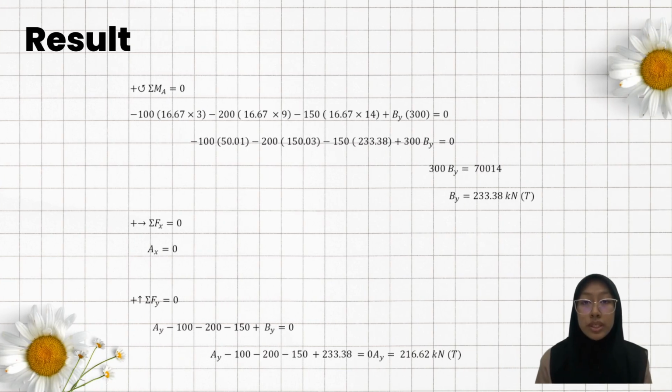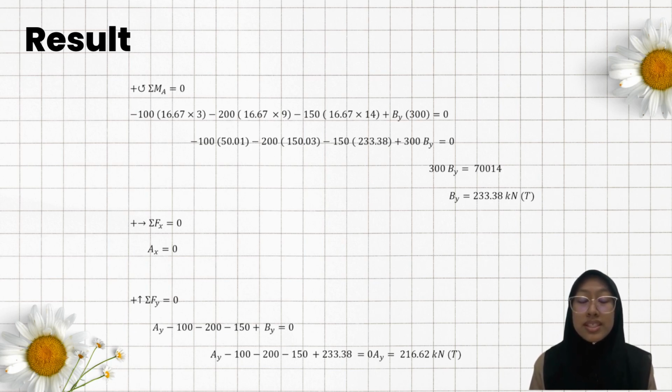Next, do the equations of equilibrium. In these equations, I use total moment, Fx and Fy equal to 0. I calculate the moment at point A and assume counterclockwise moment is positive. So I got the force at By equal to 233.38 kN, in tension. After that, I use total Fx equal to 0.